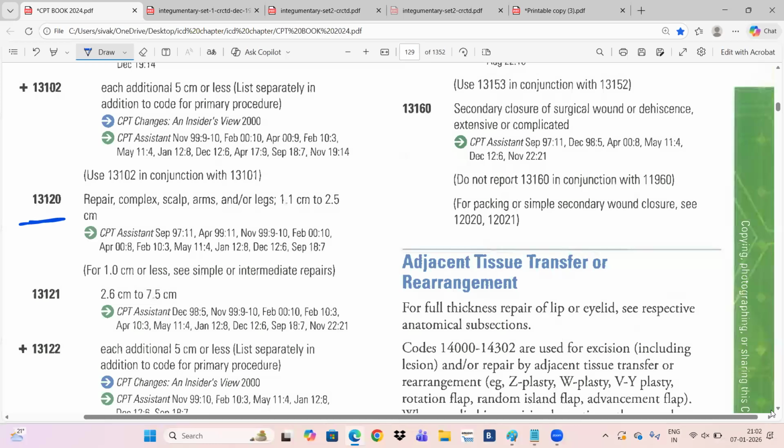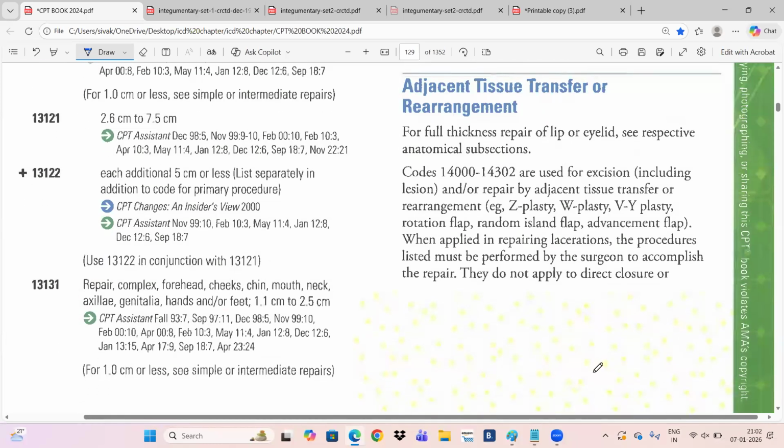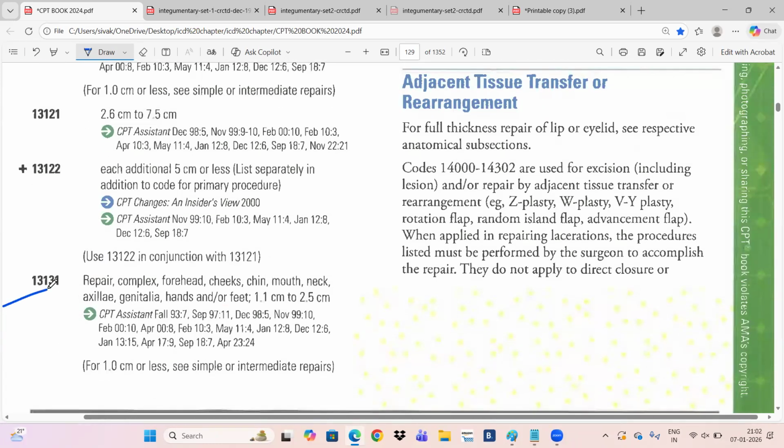Then chin, mouth, neck, axilla, genitalia, hands and feet. These are the four anatomic groups we have in complex: 13100, 13120, 13131, 13150. So based on that, we need to code which location they did the repair. In the main code only they given the locations.